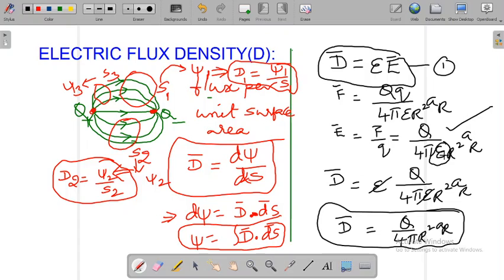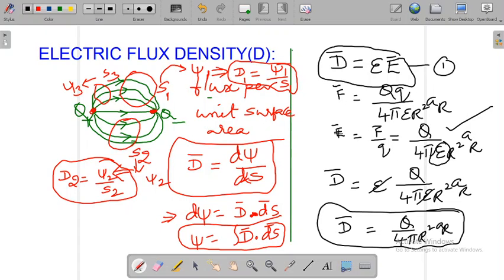Here epsilon is the medium parameter, and this F bar is nothing but the force between these two point charges. I consider one charge as positive, and this small q as the test charge. This electric field intensity is defined like this.